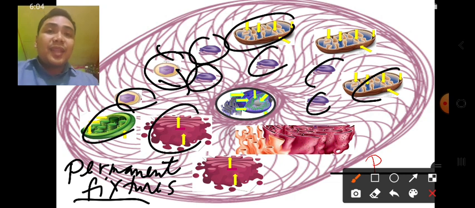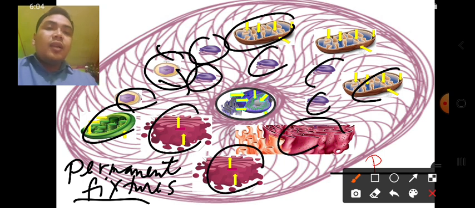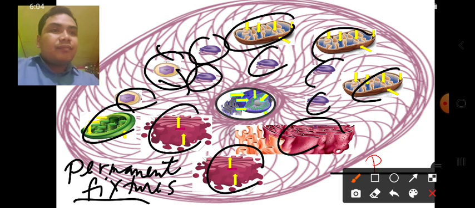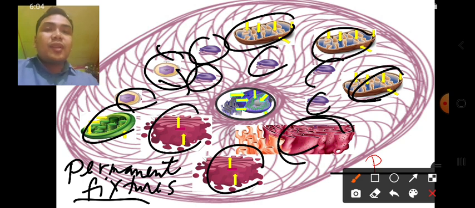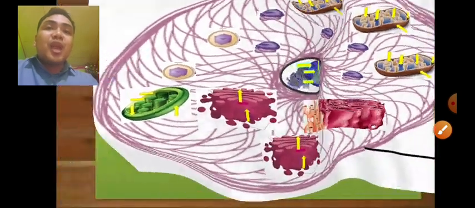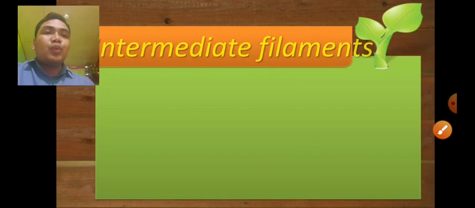So again, it maintains the stationary position of each organelle within the cell. That's why these organelles will not displace from one area to another area within the cell because of the intermediate filaments. So they help to maintain the stationary position of each organelle within the cell.